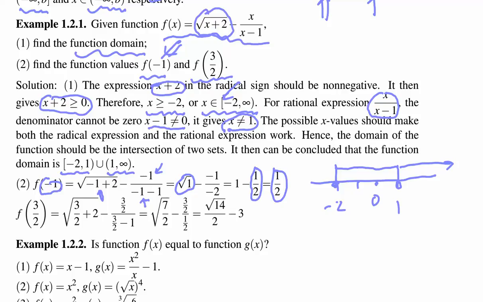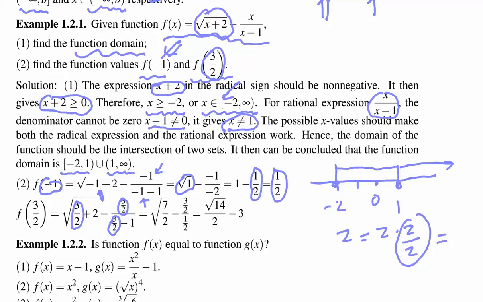Now, x equals 3/2. Then, x equals 3/2, you want to substitute 3/2 for x. 3/2 plus 2, what you got to do is, 2 equals 2 times 2 over 2, because this is 1.